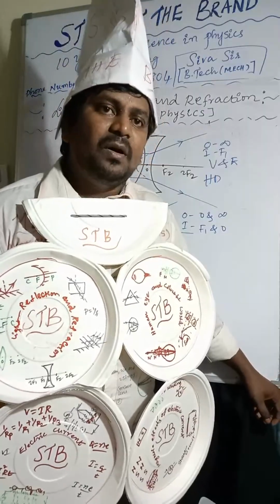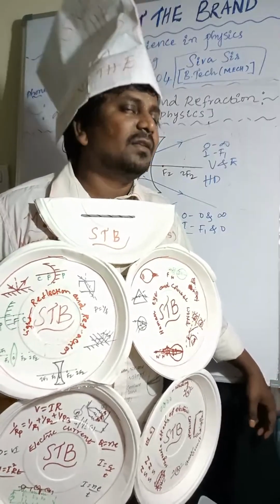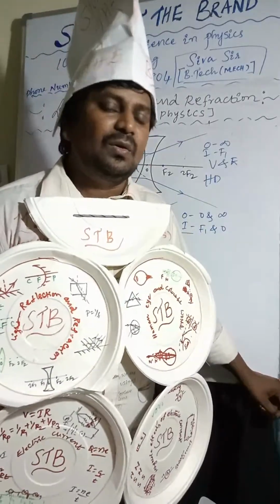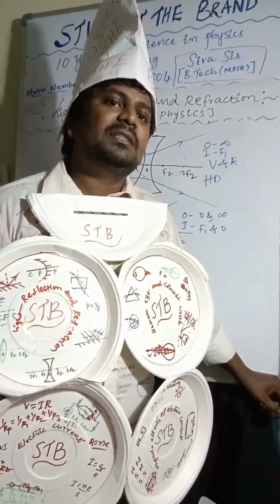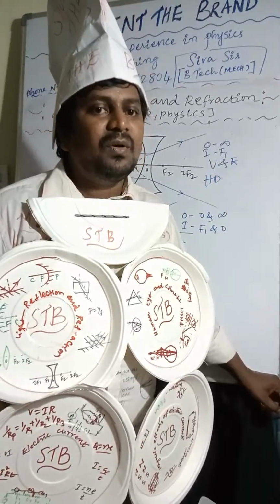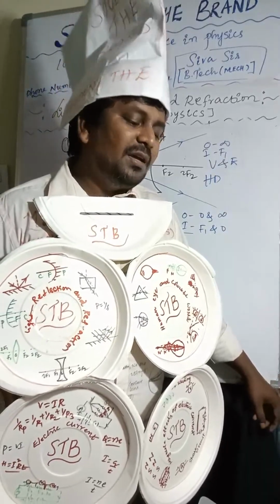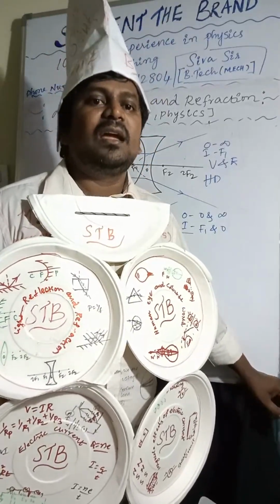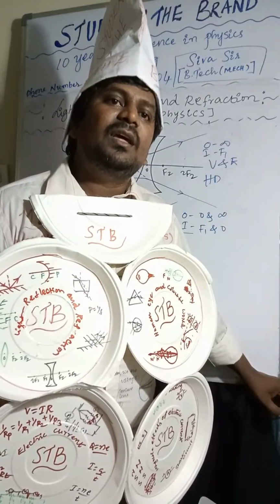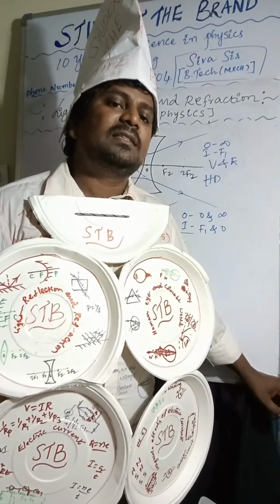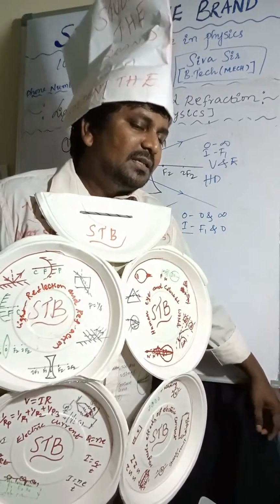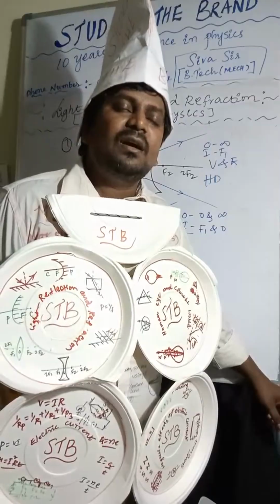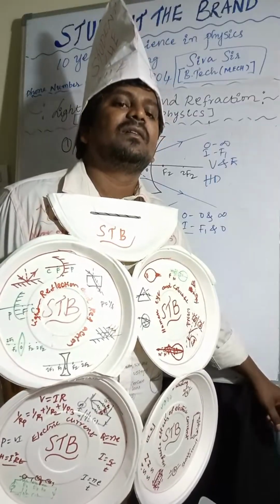Distances are positive along the incident ray. Distances are negative opposite to the incident ray. Distances are positive above the principal axis. Distances are negative below the principal axis. New Cartesian sign convention.